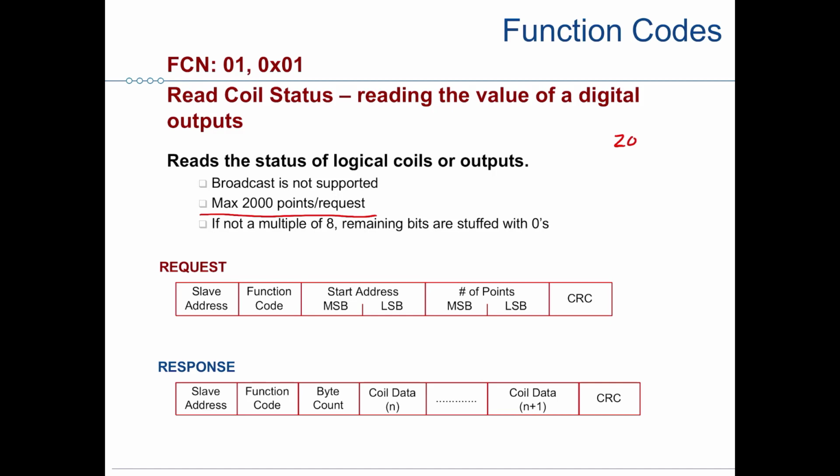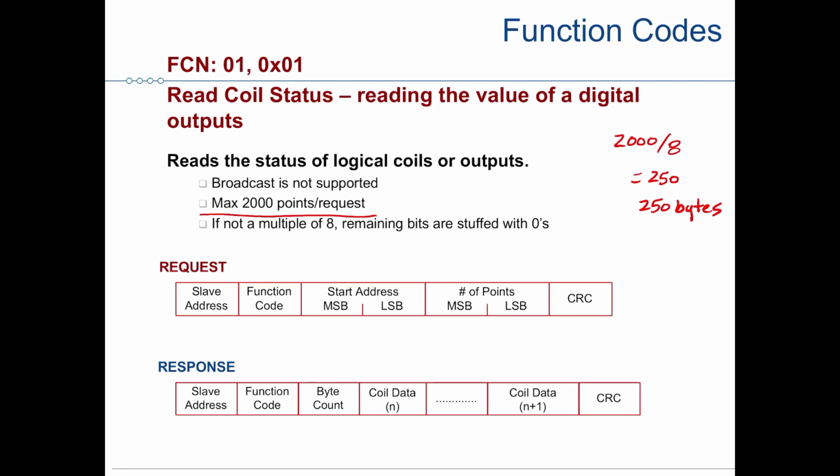If we take 2,000 single bit points and divide it by 8, 2,000 divided by 8 equals 250. That means the number of bytes it would take to report back 2,000 points would be 250 bytes.